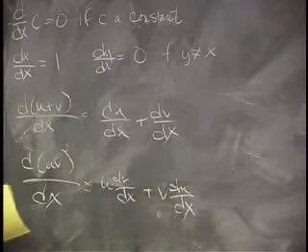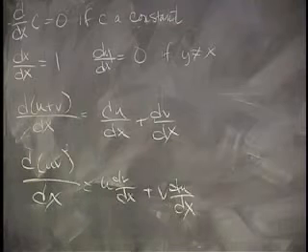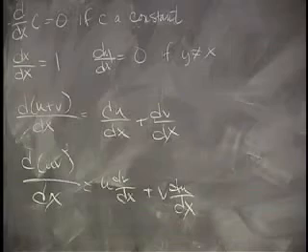Now, given these rules for differentiation, I want to write a Scheme system that's going to do differentiation. But I don't want it to try to evaluate any of the x's.